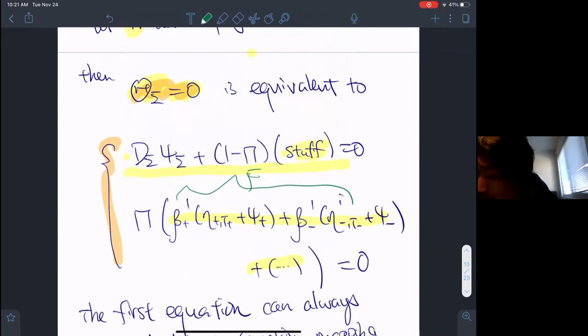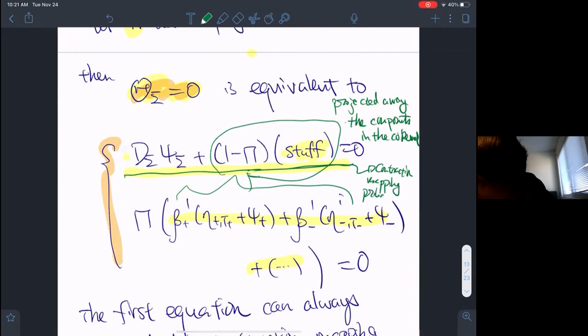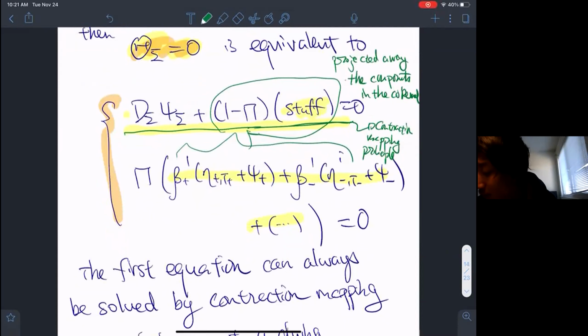Okay. Now the stuff over here I projected away are the components not in the co-kernel. So this equation I can solve by the contraction mapping principle. And what remains is that I need to look at the points where this second equation is equal to 0.